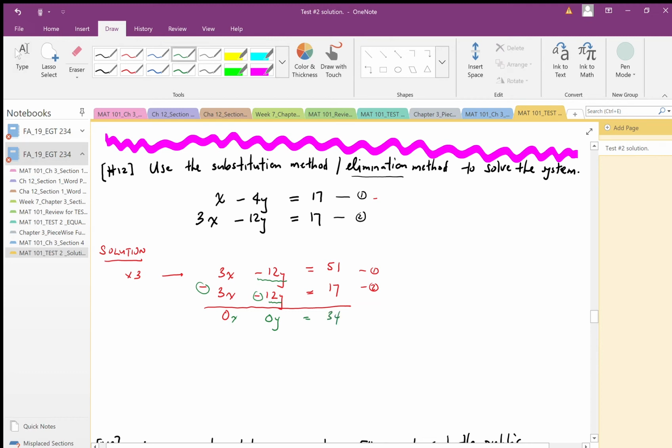Since we have 0 equals 34, this is an indication that there are no solutions. So this would be your answer right here.